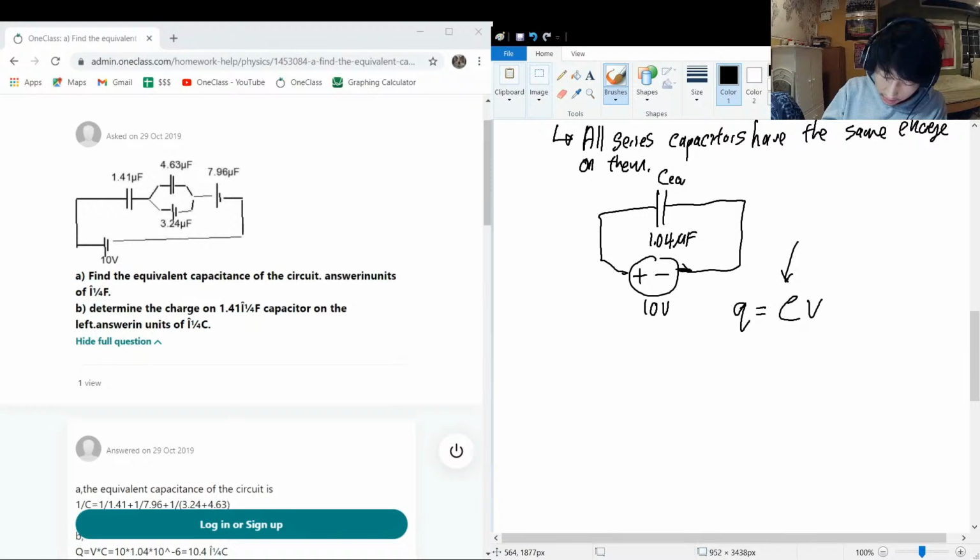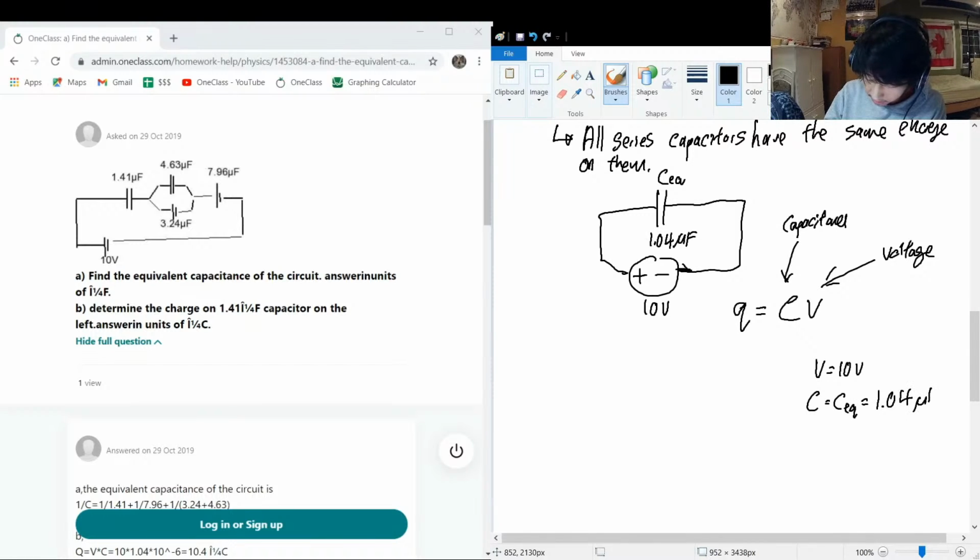So that's capacitance, and this is voltage. So hopefully it should be fairly obvious that the voltage across the entire equivalent capacitor network is 10 volts. So we will have V is equal to 10 volts, and C is equal to CEQ, which in this case is 1.04, I believe, microfarads.